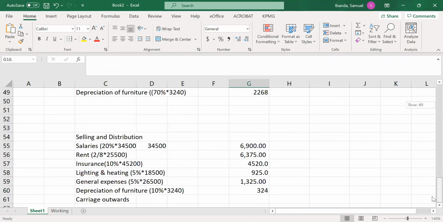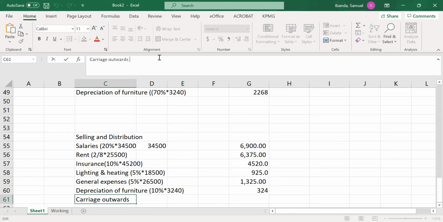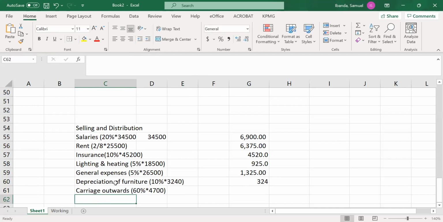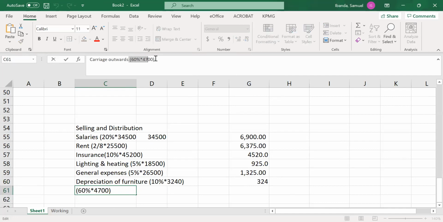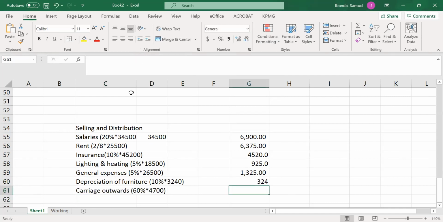Just copy. So 60% of 4,700 are carriage outwards. We just get the total here, the value. Gives me 62820. That is what I basically get.